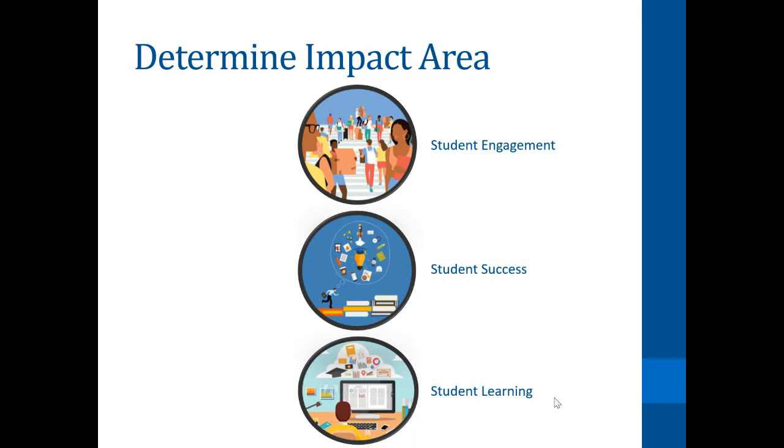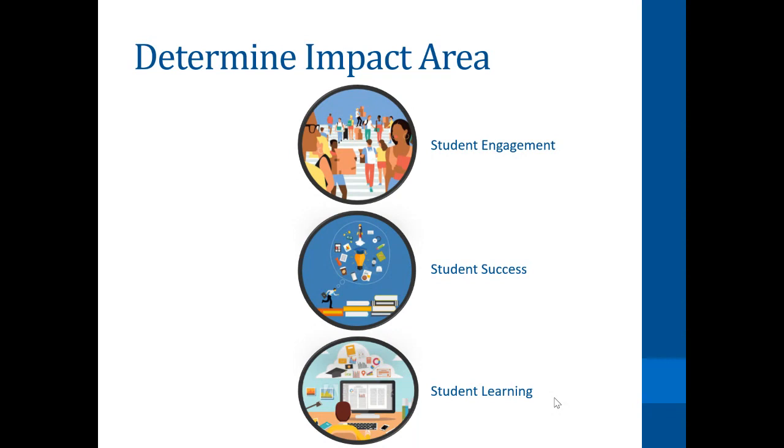But this is talking about your proposal. What is the area that you intend to impact? Be it engagement, student success, or student learning. And of course, I saved student learning for the last piece because this is the piece that I think we're most familiar with in terms of student mastery and achievement, right?